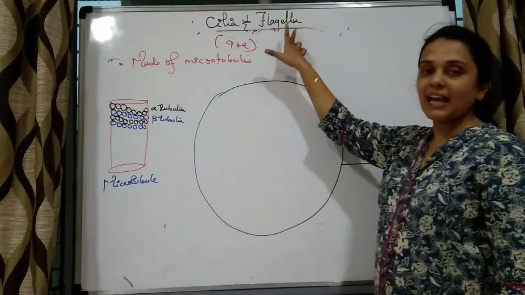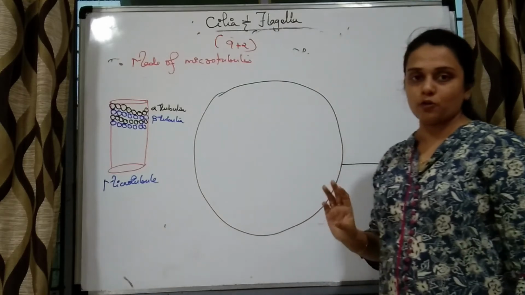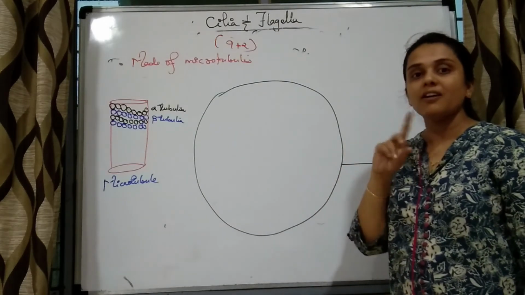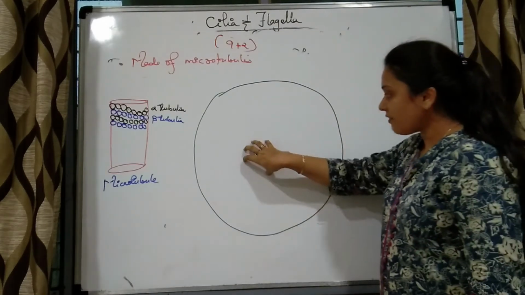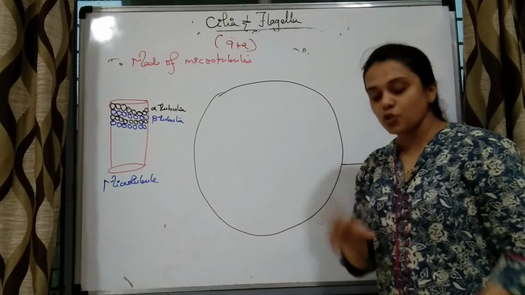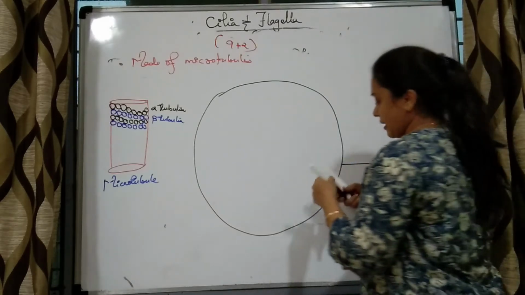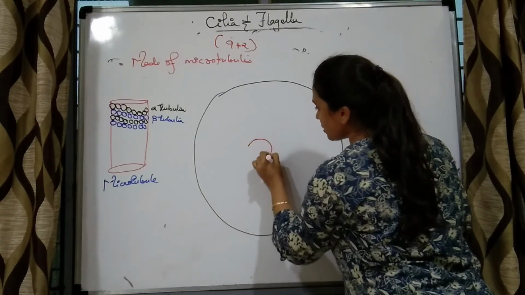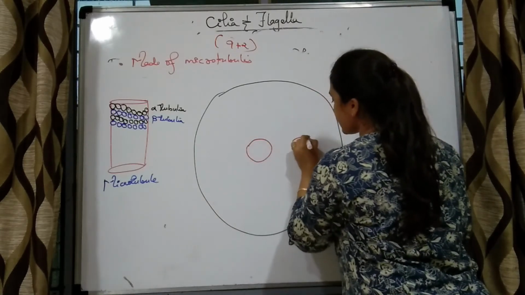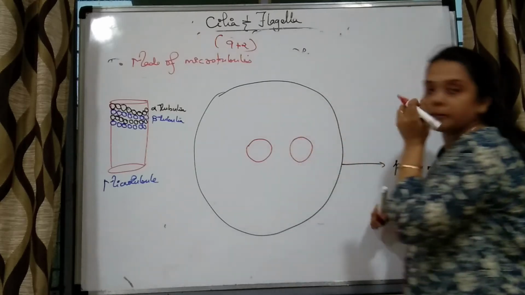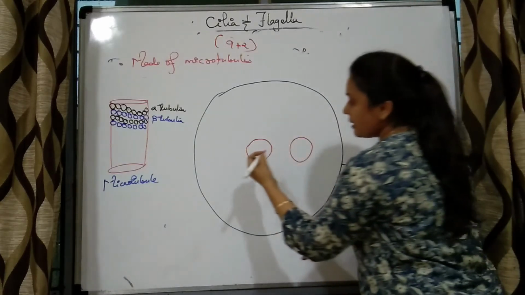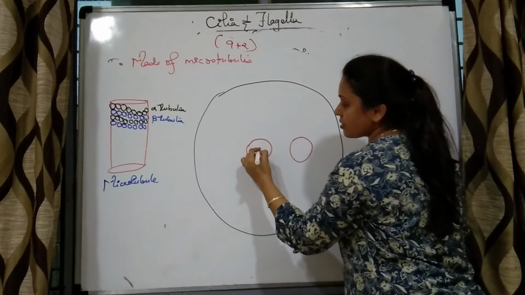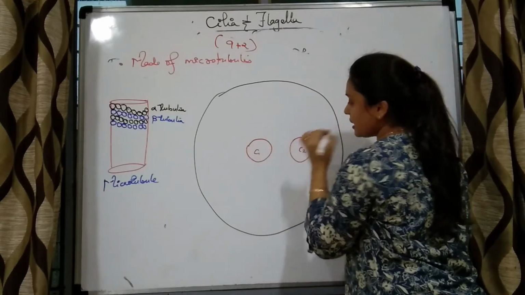Cilia and flagella are made up of microtubules, pipe-like or tube-like structures. Now, in the center, there are two microtubules present, so let me draw it. This is one microtubule and this is another microtubule. These are the two centrals, C1 and C2.